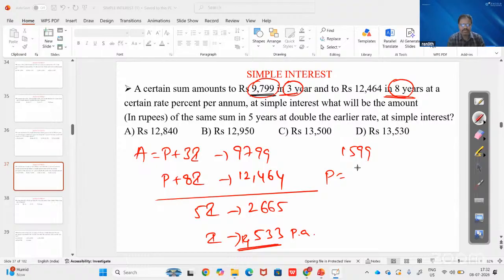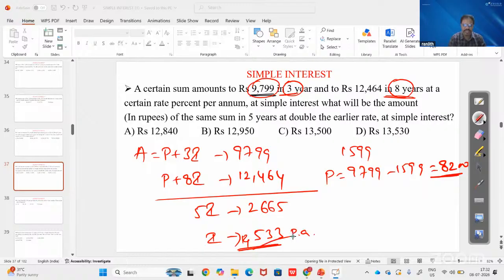So principal, in the sense, is amount after 3 years, 9799, minus interest after 3 years, 1599. We need to subtract. So 9799 minus 1599 will be equal to 8200, where principal equal to 8200, where interest will be equal to 533.